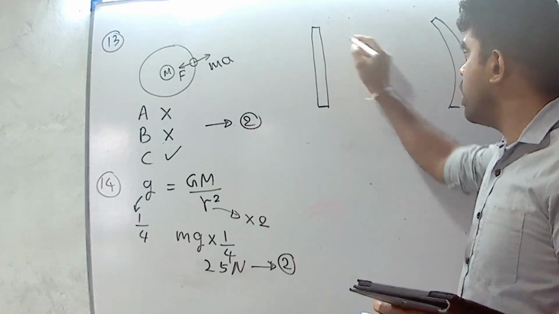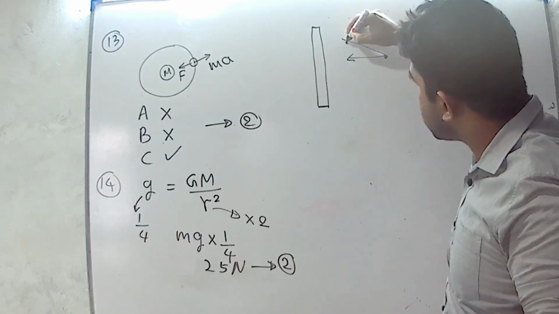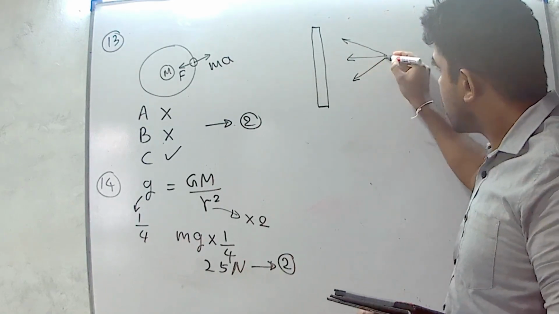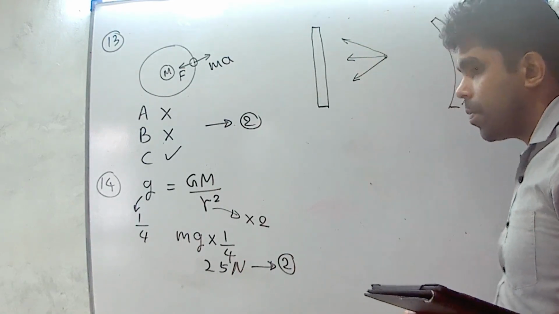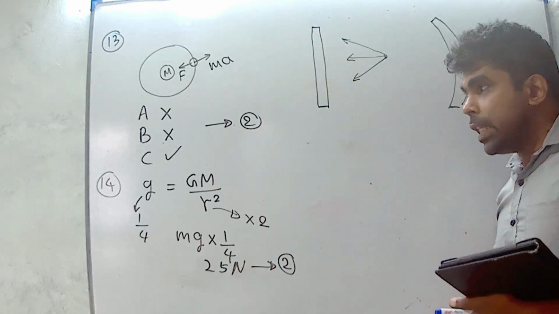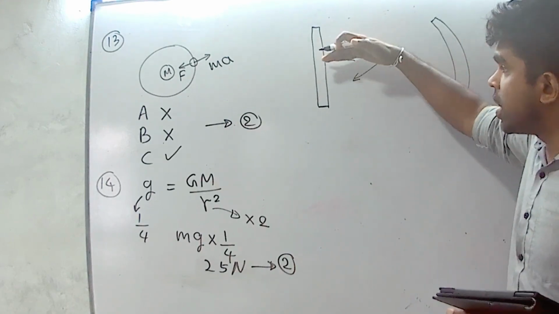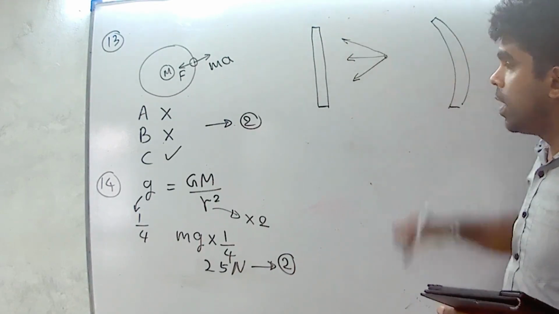For this rod, the gravitational force is acting in this direction. Therefore, the distance is increasing, the distance is changing with the point.